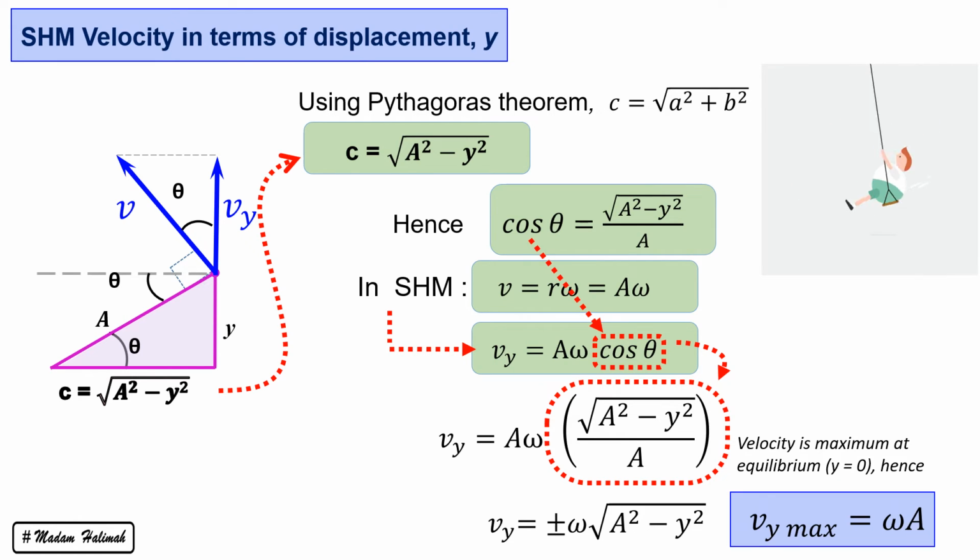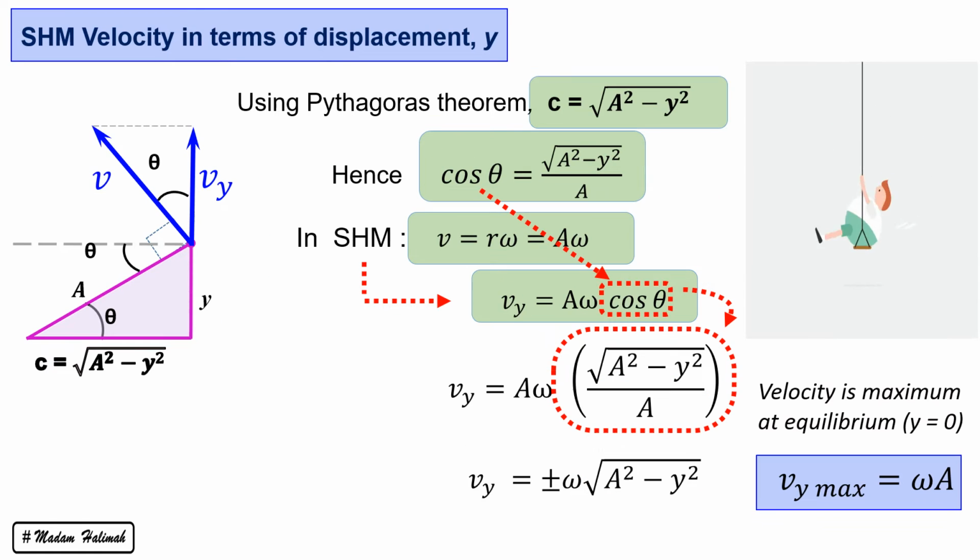So, kita akan dapat Vy is equal to A omega dalam bracket square root A square minus Y square over A. Finally, kita dapat Vy is equal to plus minus omega square root A square minus Y square.